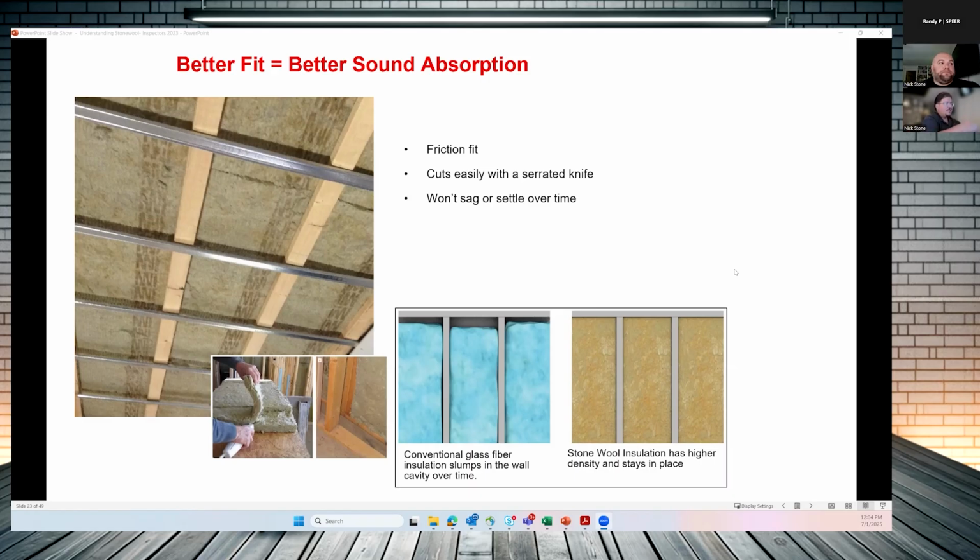Anywhere you see heat transferring, those are areas where sound is actually escaping. So that's another thing to think about.